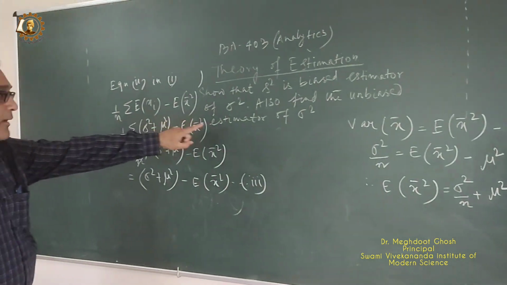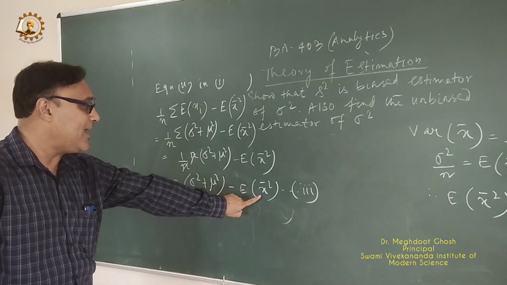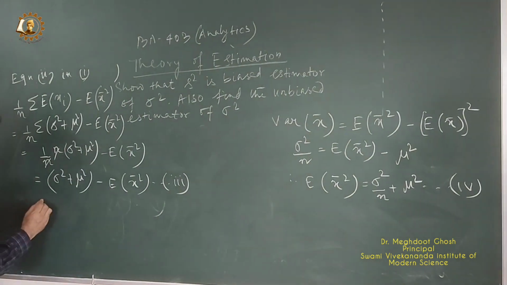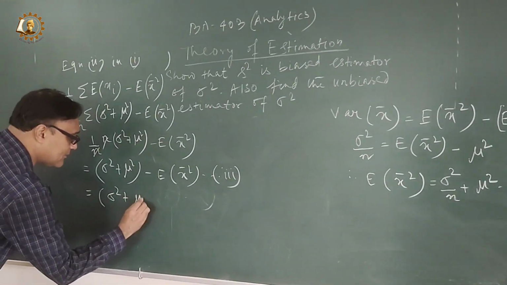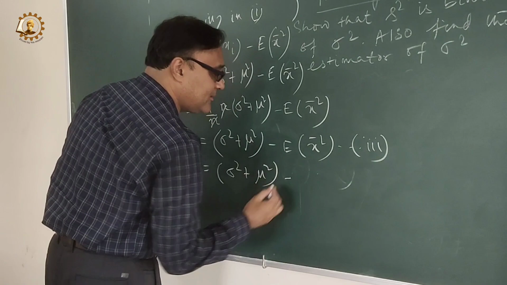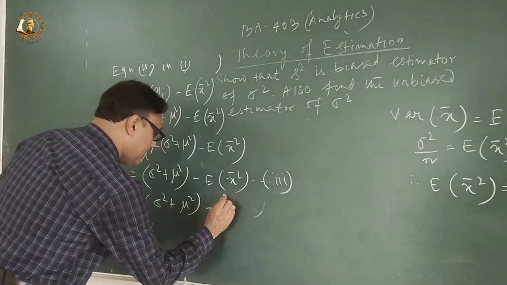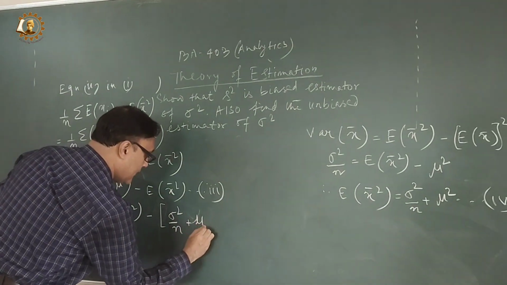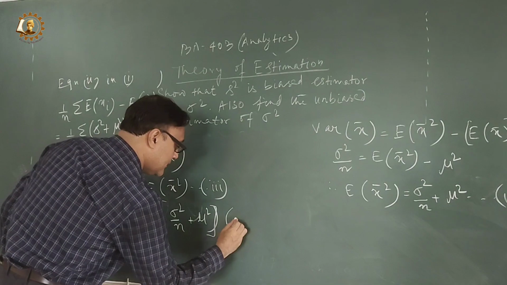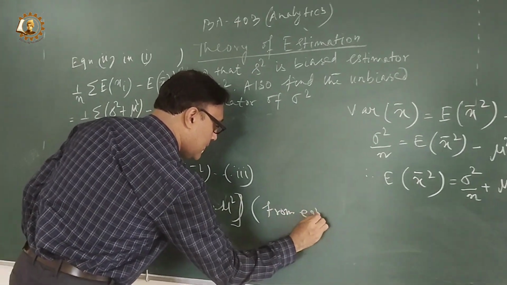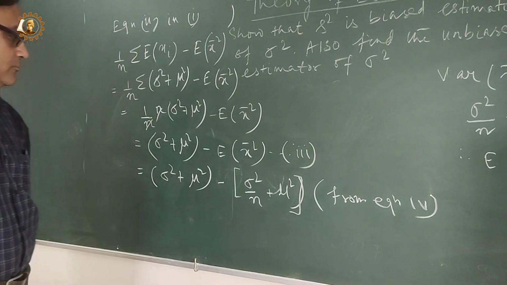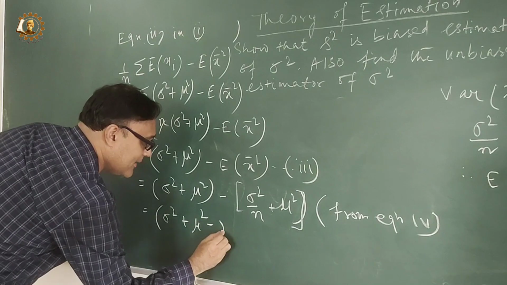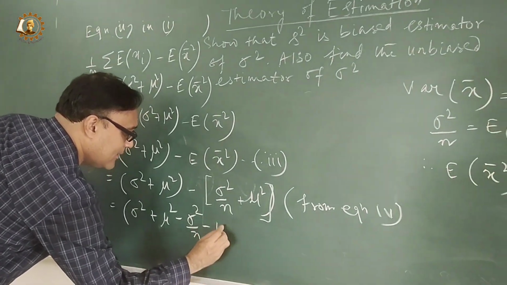Now I will replace the value of E of x bar square from equation 4. So you write down here sigma square plus mu square minus sigma square by n plus mu square, from equation 4. Therefore, sigma square plus mu square minus sigma square by n minus mu square.